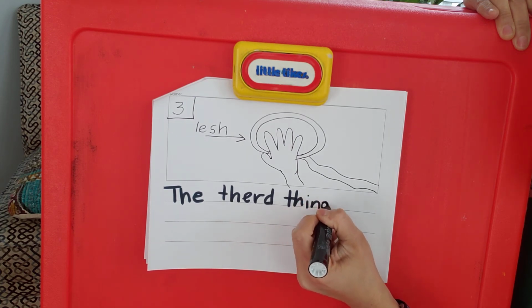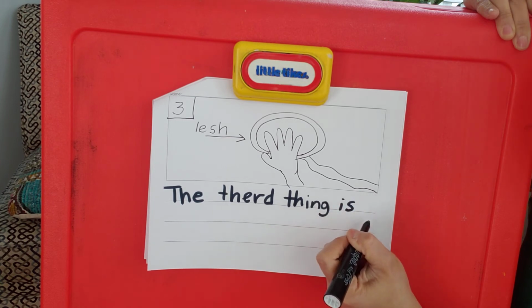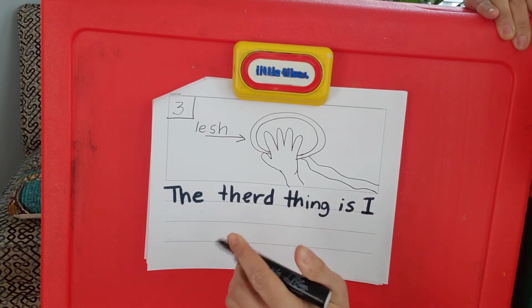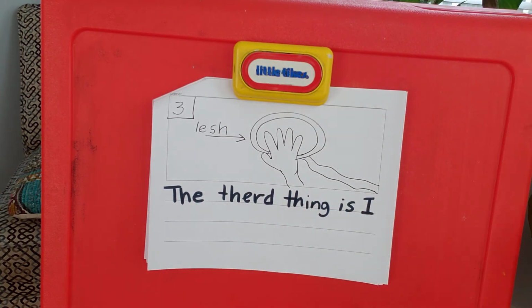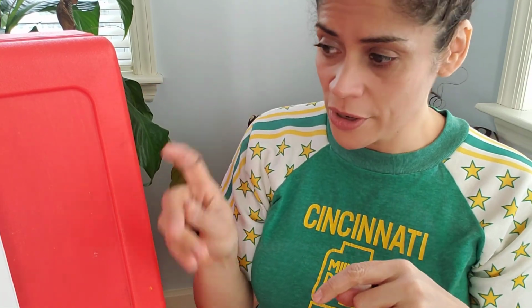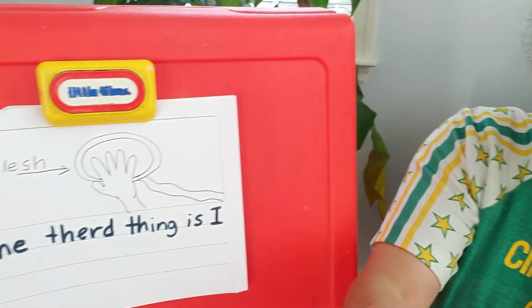The third thing is I. So let's see how many. 1, 2, 3, 4, 5. The third thing is I. Let's see. So far I have the third thing is I, 5 words, and there are 5 words on my paper. Hold his leash tightly. Hold his leash tightly. Okay, so I have 4 more words to write.